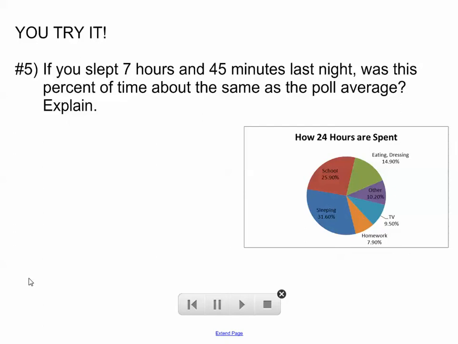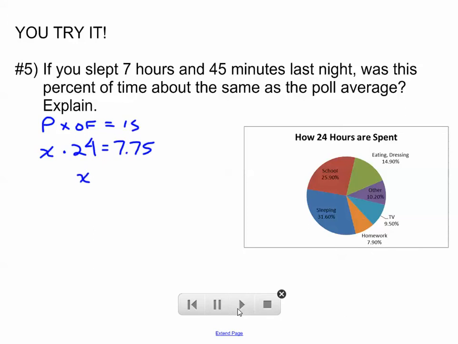And why don't you go ahead and try a very similar problem here. So this can be solved using the percent equation as well. Percent times of equals is. We're basically trying to figure out what percent of a 24-hour day is 7.75 hours. I just took the 7 hours and 45 minutes and turned it into a decimal, 7.75, because 45 minutes out of 60 is 0.75 of an hour.